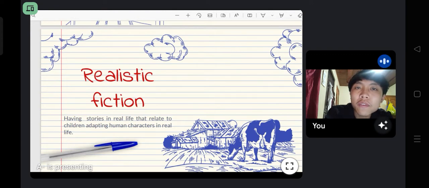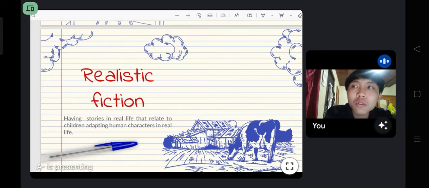So this kind of realistic fiction is related to our daily life and can be useful for young learners because it provides knowledge of how to do things in our daily life. For example, a story that tells how to cross the road, so children can learn from that.